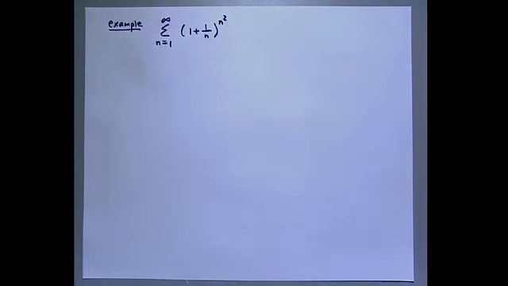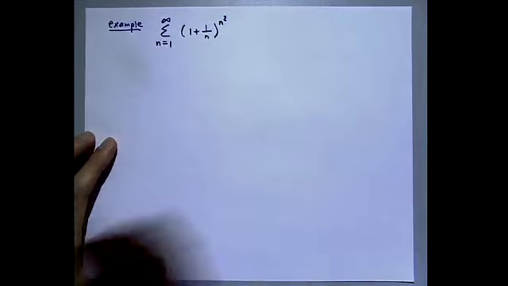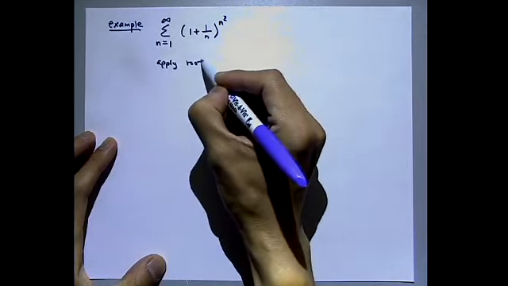It's typically only useful when the series you're testing has terms raised to the nth power, or something that looks like the nth power, like n squared here, for example. Okay, so let me apply the root test here.